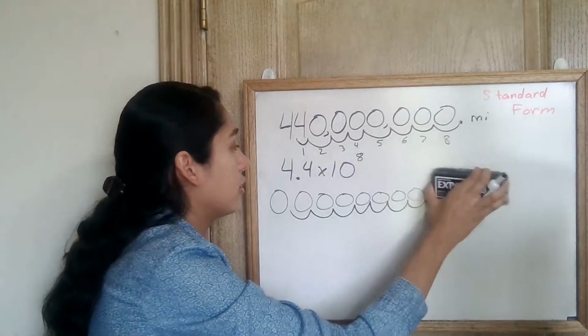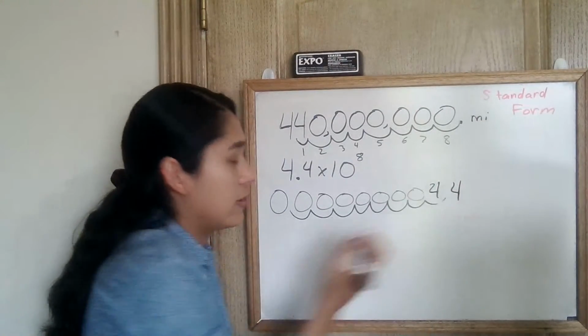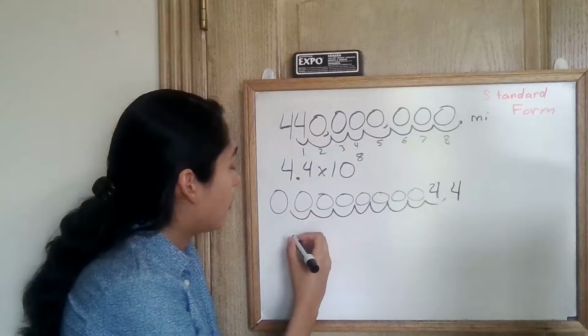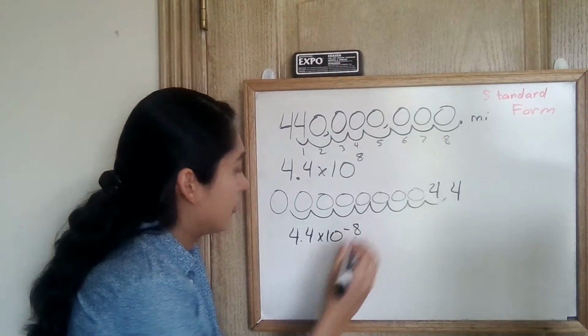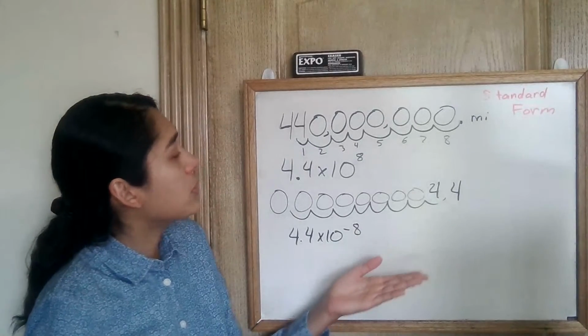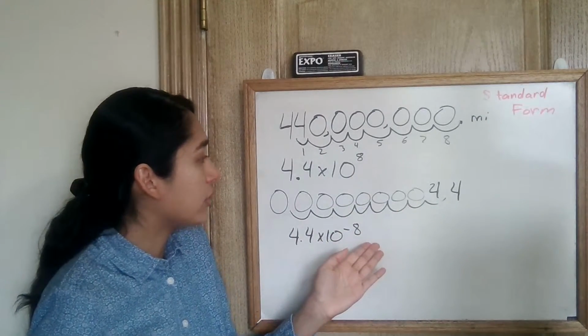So actually that would be 2, 3, 4, 5, 6. I miscounted. This one would be, so that's the difference between a positive exponent and a negative exponent.